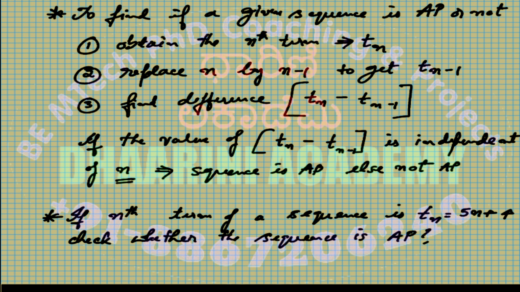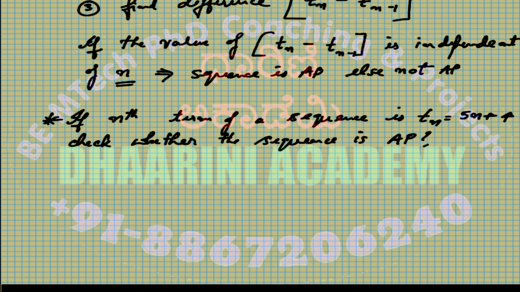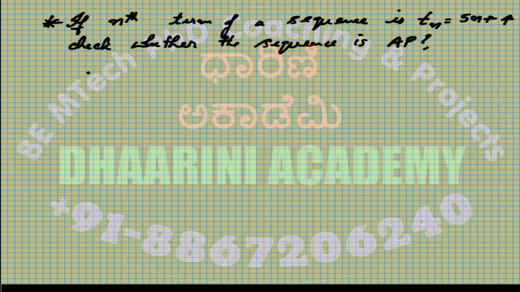Obtain the nth term Tn. You can see that Tn is already given, so I can simply write that as it is. In this case, Tn is 5n plus 4. Now we just have to replace n by n minus 1 to get Tn minus 1.